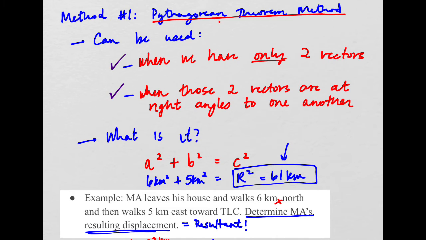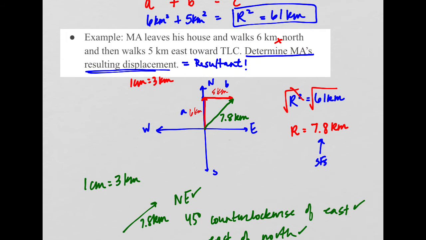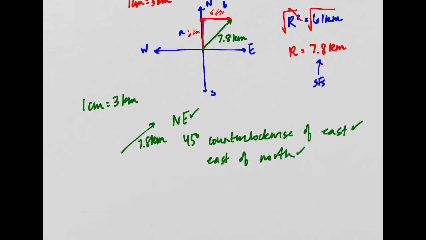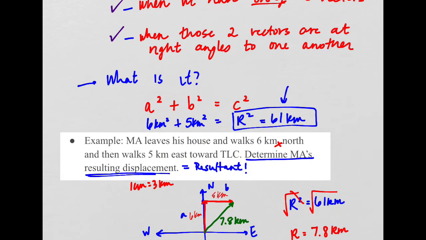This is used to find the magnitude of the resultant. So we can't use this to find the direction. We can only use this to solve for the magnitude. If you remember yesterday and from your homework, you saw that we were only solving for the magnitude, right? We weren't figuring out this angle, like what direction we're going in. We only solved for the magnitude of the resultant.